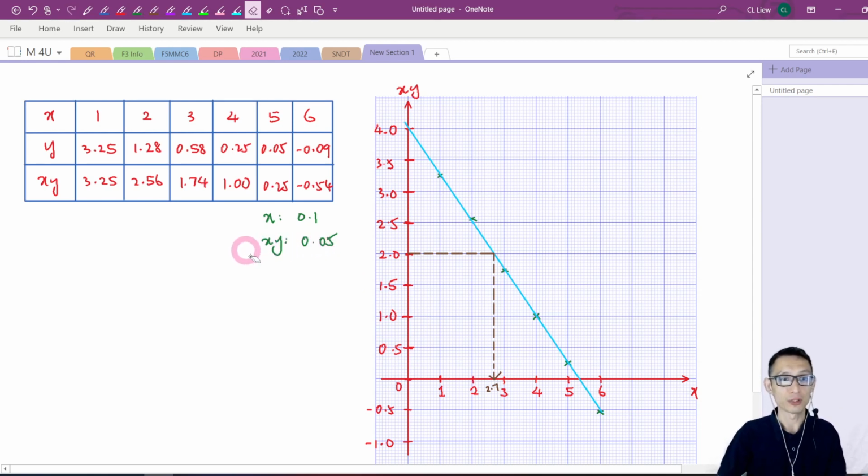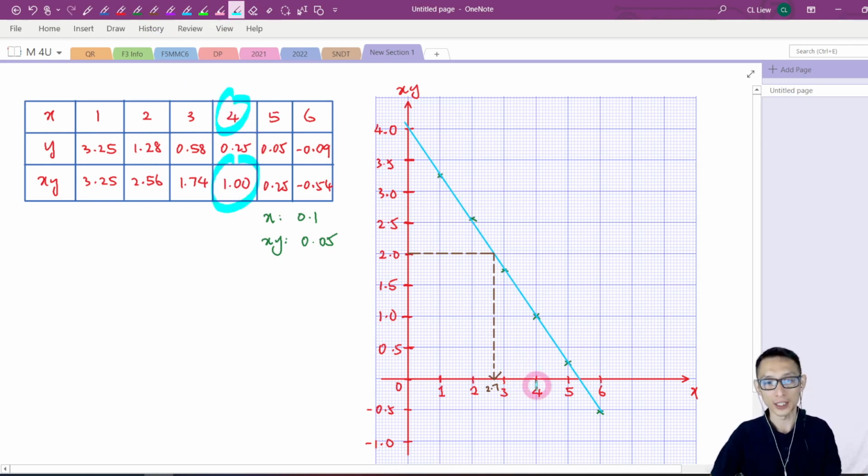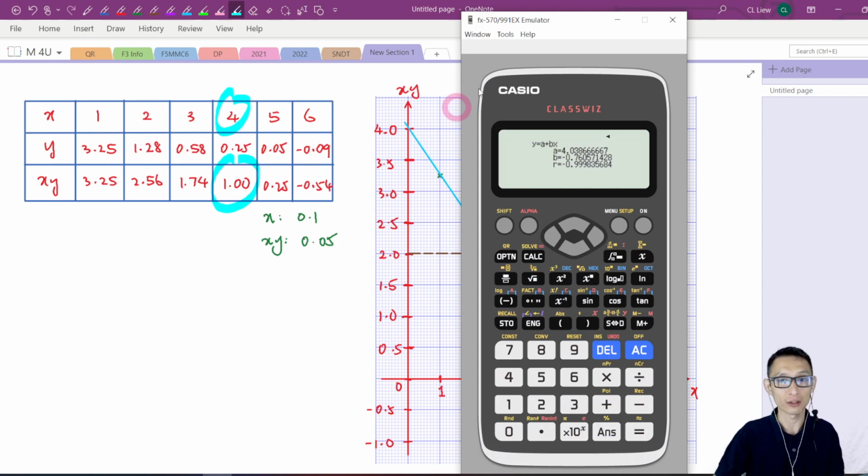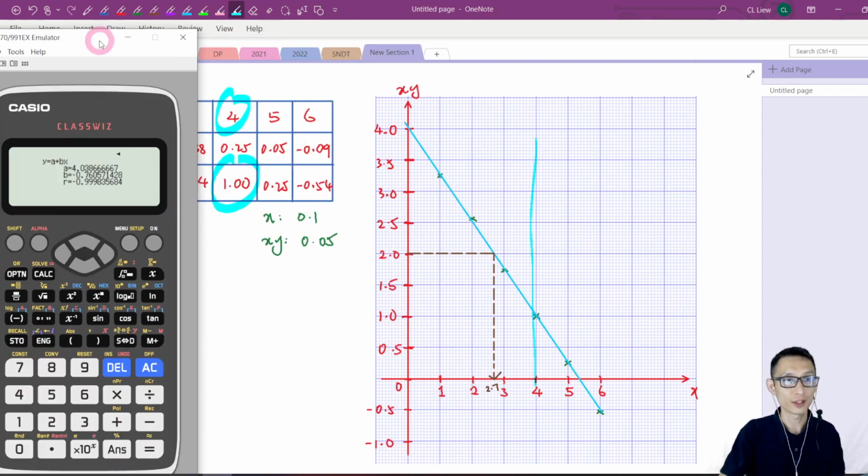So for example, let's say I want to plot this one. First, I look at 4, then I know it's somewhere around here, right? And then 1. How do I get 1? You can read it here, or you can take out your calculator. You key in 1 divided by 0.05, then you will get 20.